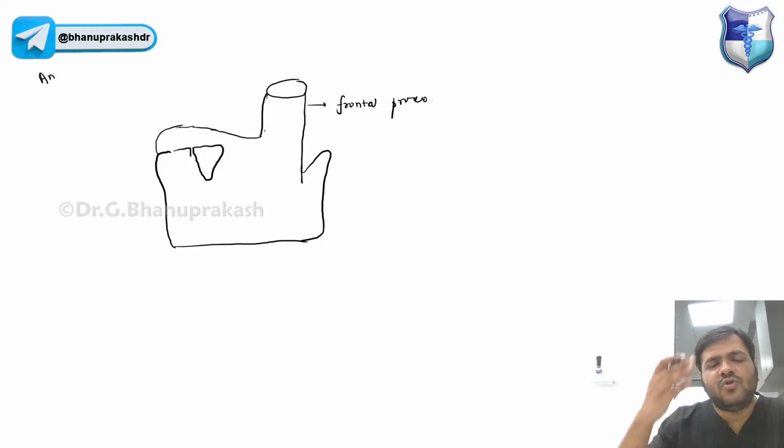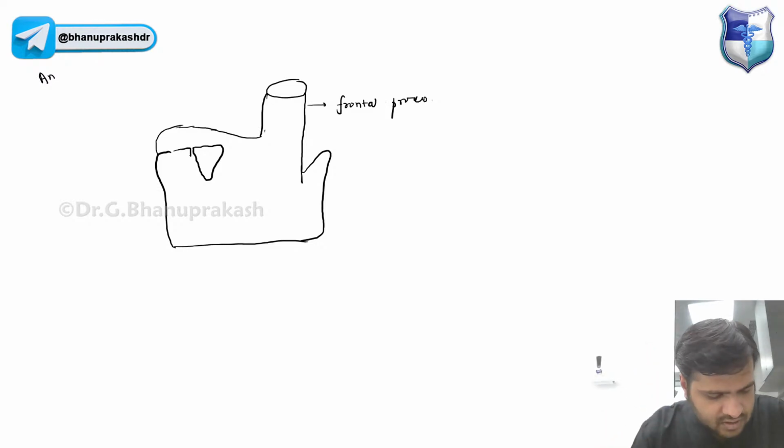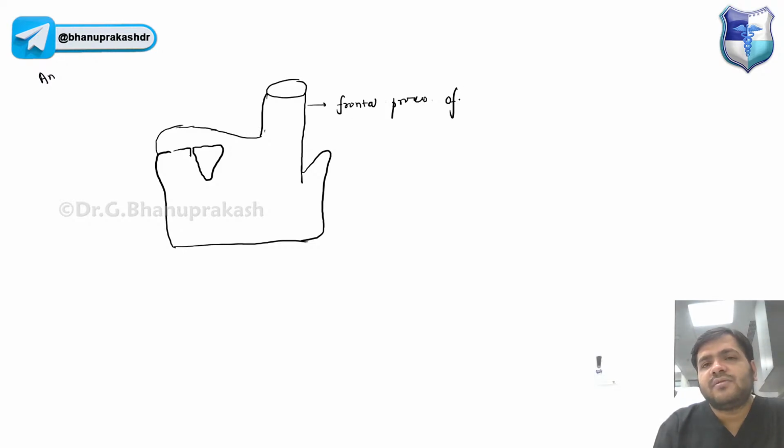I'll be talking about it as the outer surface over here, right? So we have the frontal process of the maxilla.